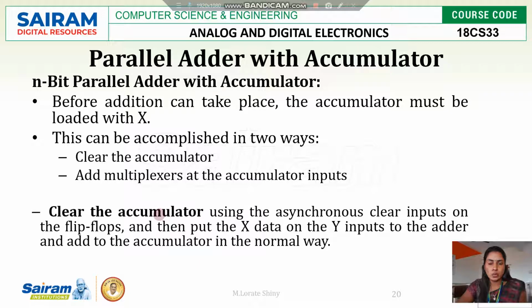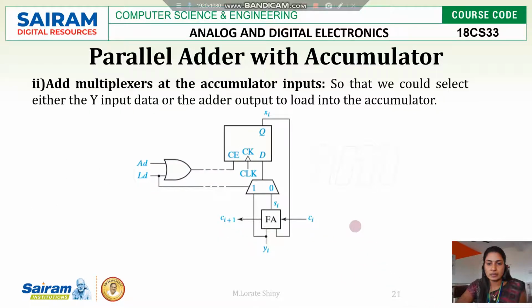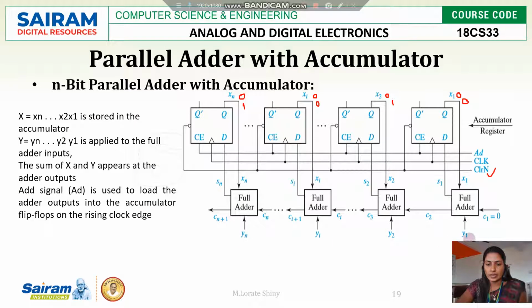Whatever I want to load into the accumulator, that data should be applied to y. So I apply 1 0 1 0 at the y inputs. Then the sum of the full adder will be 1 0 1 0.